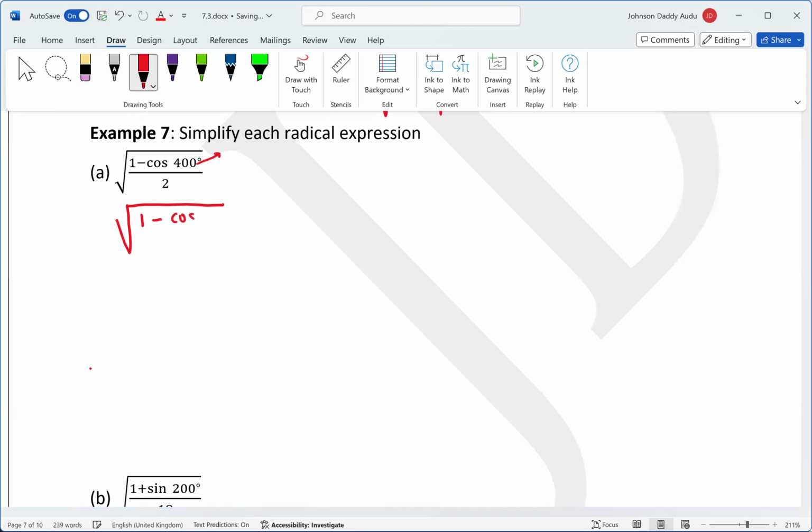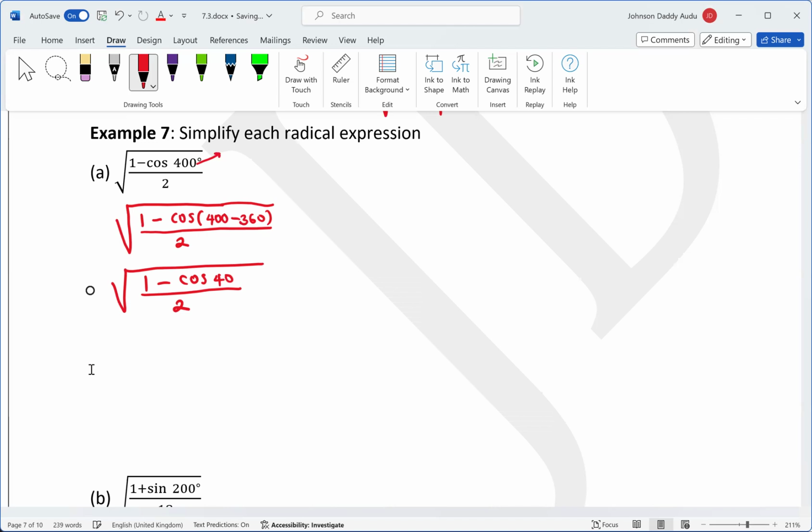So this is going to be cosine of 400 minus 360, right? Then we divide by 2. So this is just going to be the root of 1 minus cosine of 40, divided by 2. And what is this going to be?